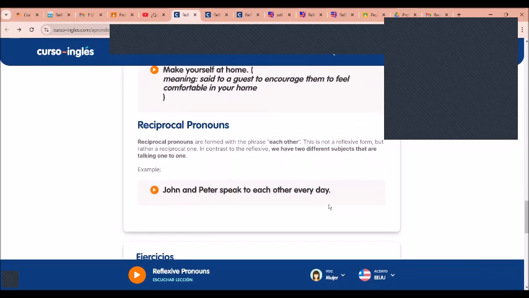Now, I would be remiss if I don't mention this one. If the actor does an action and the receiver gives back the action, then we call this reciprocal pronouns. All right. The transaction is equal. There's equity between the two actors. So it's not that one gives and the other one receives.